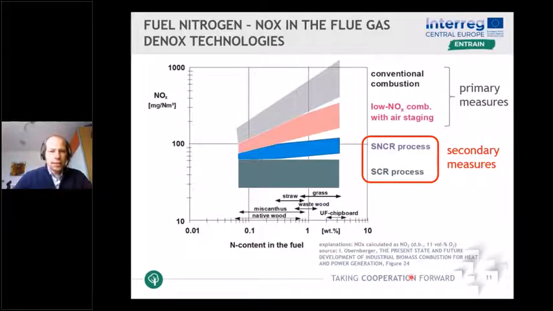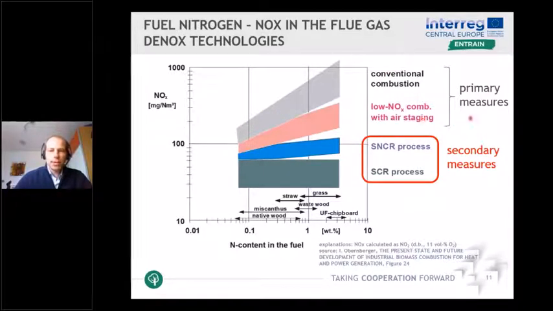In this figure you can see the nitrogen oxide emissions of biomass plants, independent of the fuel nitrogen content, for native wood, as it is usually used in district heating plants. We are in the range of about 200 to 300 milligrams per normal cubic meter of nitrogen oxides in the flue gas without any additional measures for conventional combustion here.